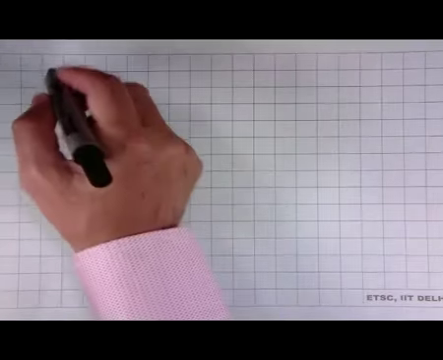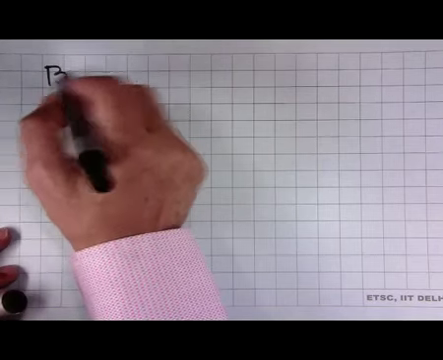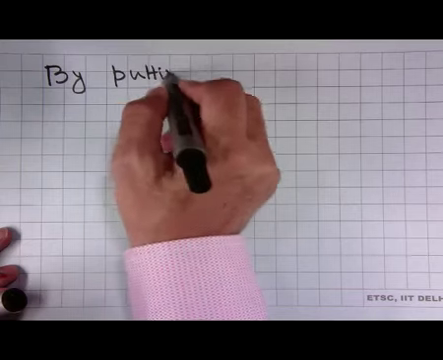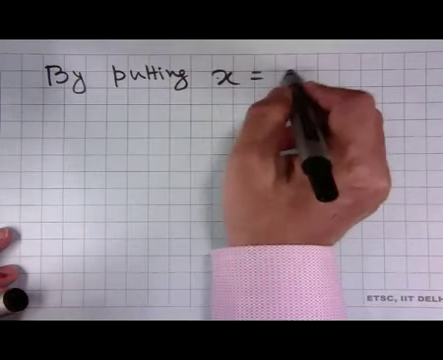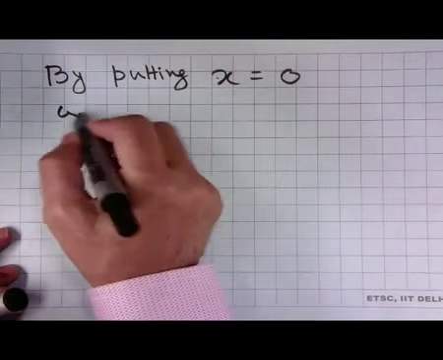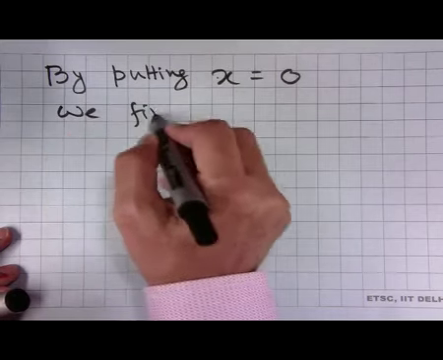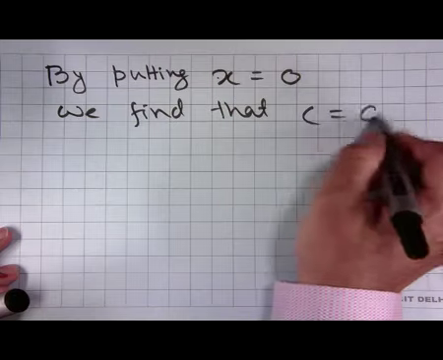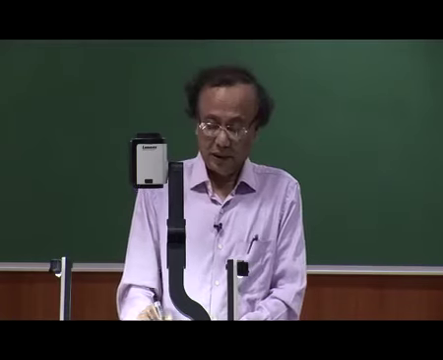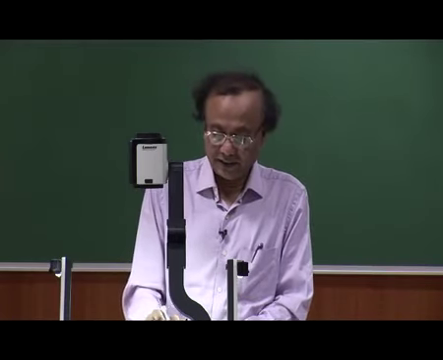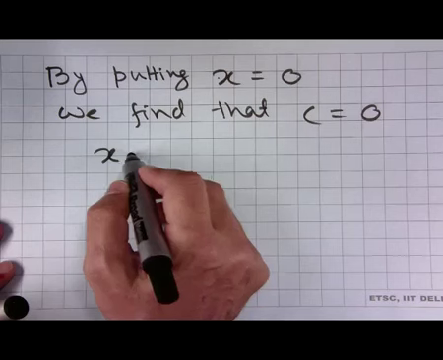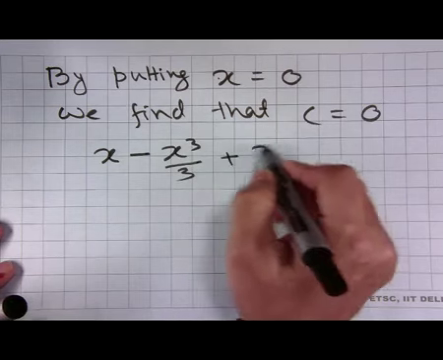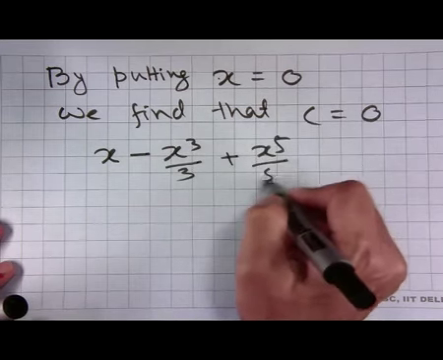By putting x is equal to 0, we find that c is equal to 0. Therefore, the desired expansion of tan inverse x is x minus x cube by 3 plus x to the power 5 upon 5.